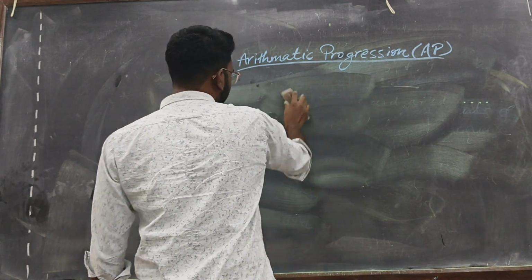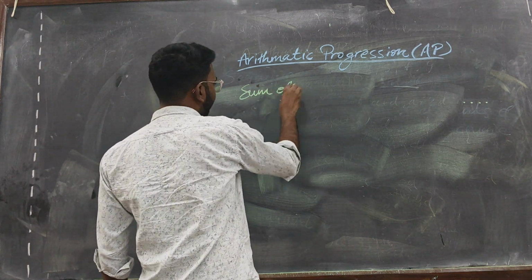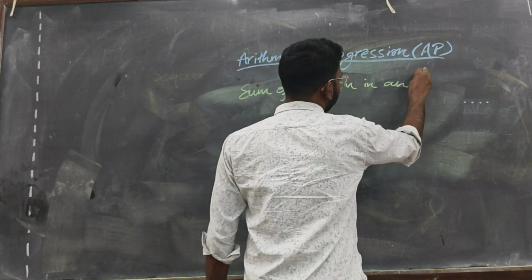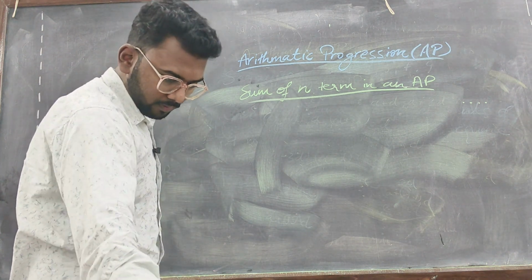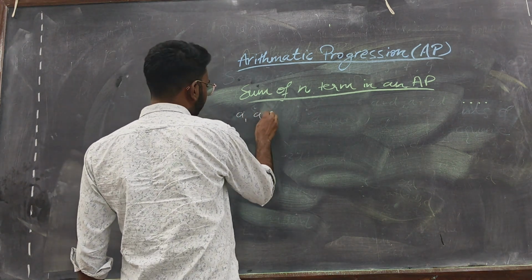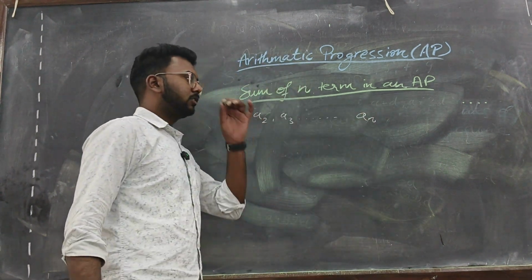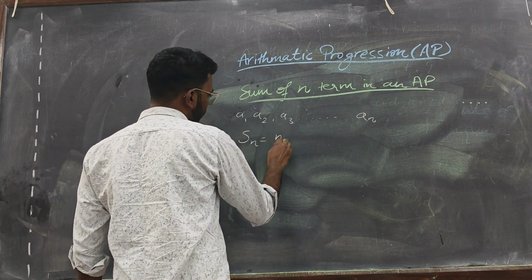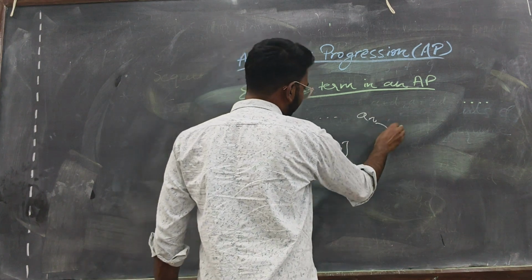Now we will see the sum of n number of terms in an AP. If this is an AP, A1, A2, A3 up to AN, then the sum of this AP will be n upon 2 times A1 plus AN, where AN is the last term of the AP.